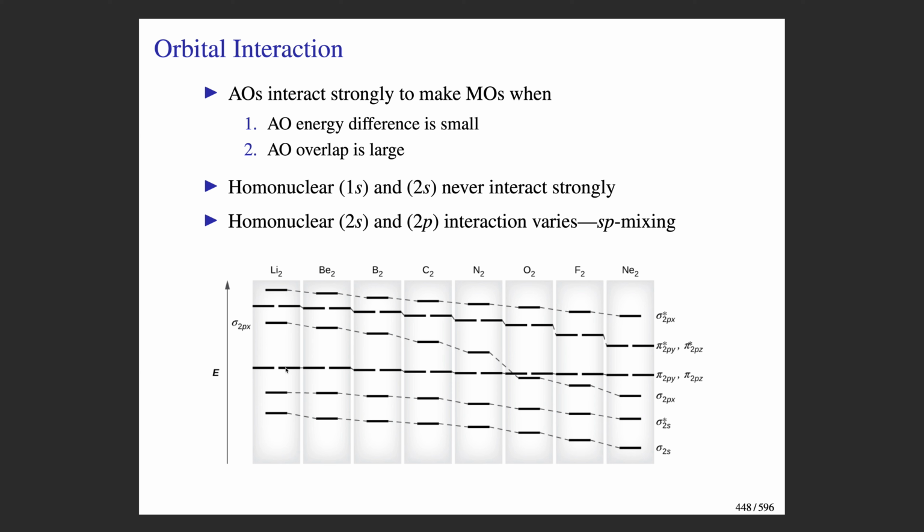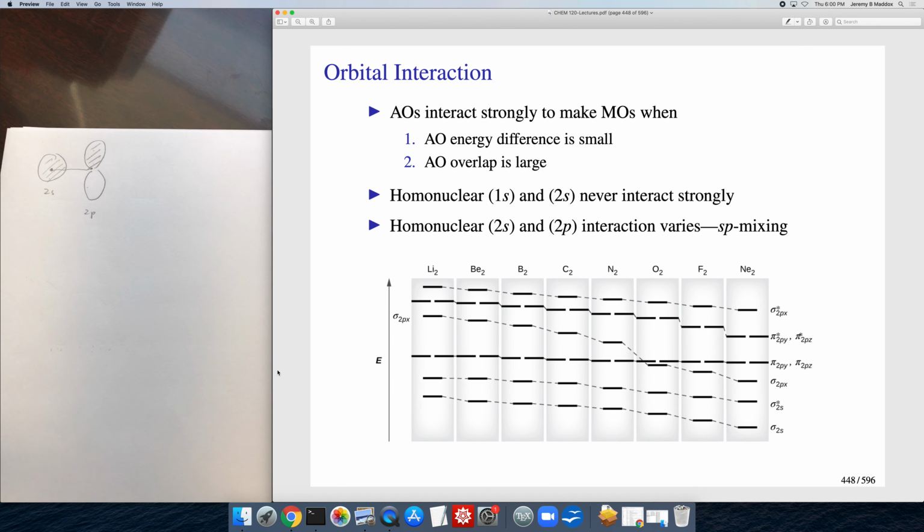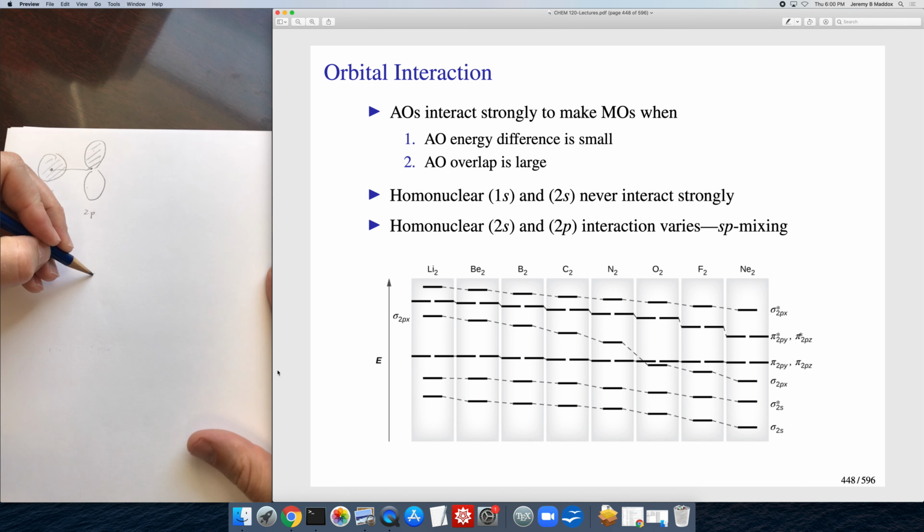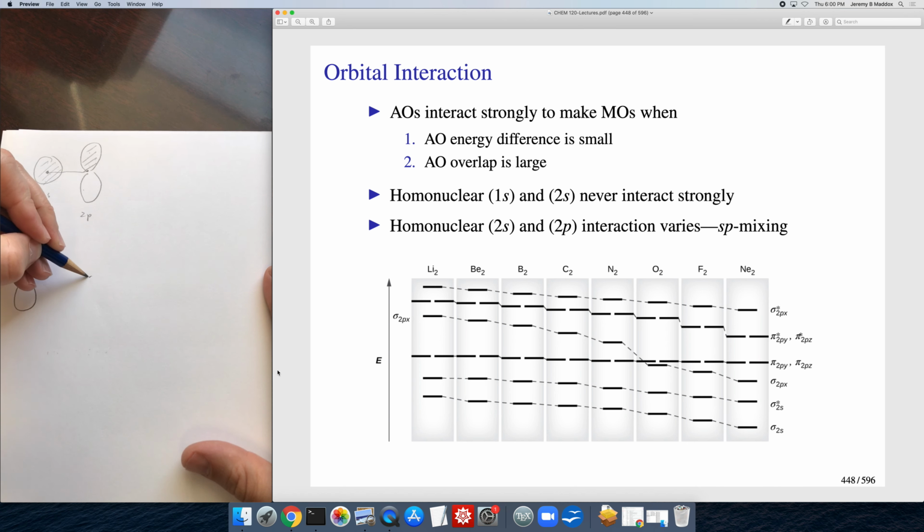Here on lithium, these are the pi bonds that form between the p orbitals. I'm going to go ahead and show you two atoms again. So here you've got good overlap when you've got two p orbitals like this.